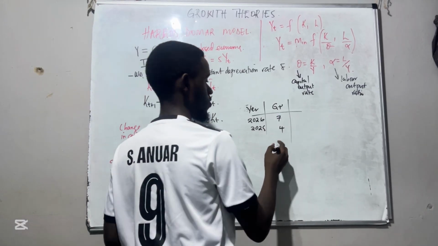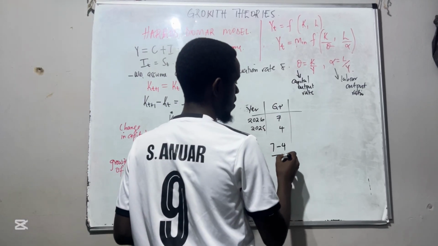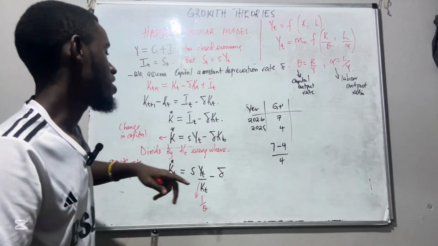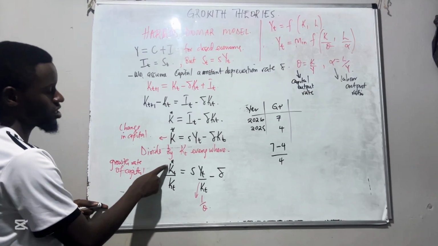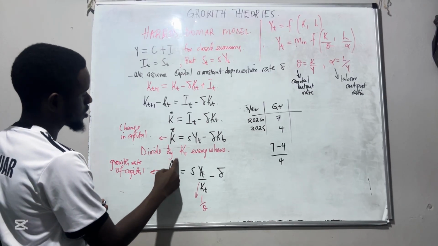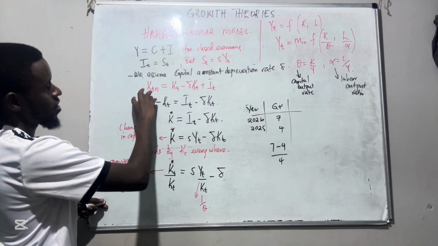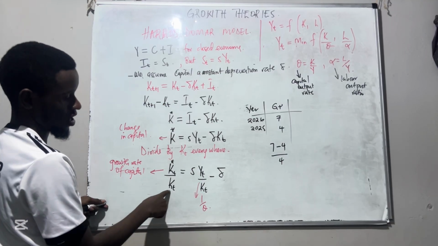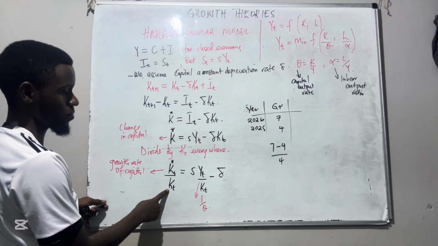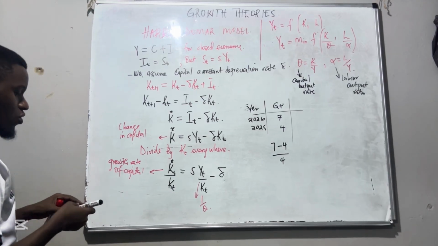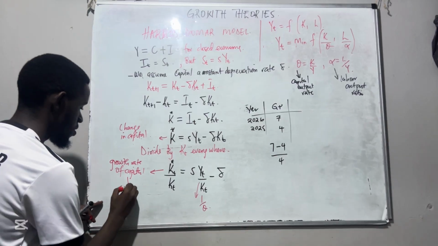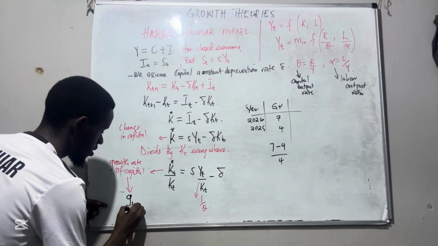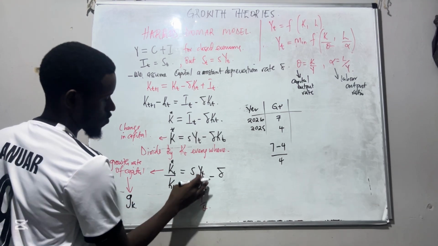We just get the new minus old divided by old. Similarly here, k star means the change in capital stock, which is the future minus the current, divided by the current. Are you seeing the meaning? Therefore, this is the growth rate of capital. I'm going to denote it as GK, and then I have here s over theta, minus sigma.